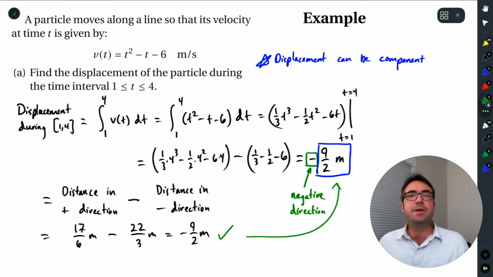So it's maybe another way to think of it for displacement. It's the distance in the positive direction minus the distance in the negative direction. Normally we wouldn't necessarily do it this way. We would just do this definite integral, but it checks out.